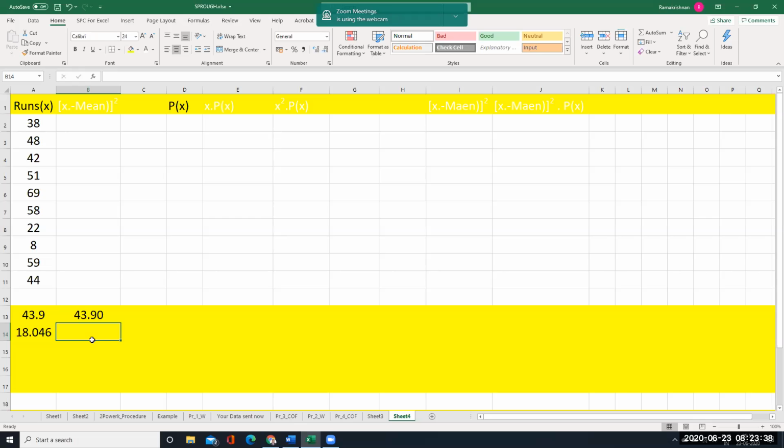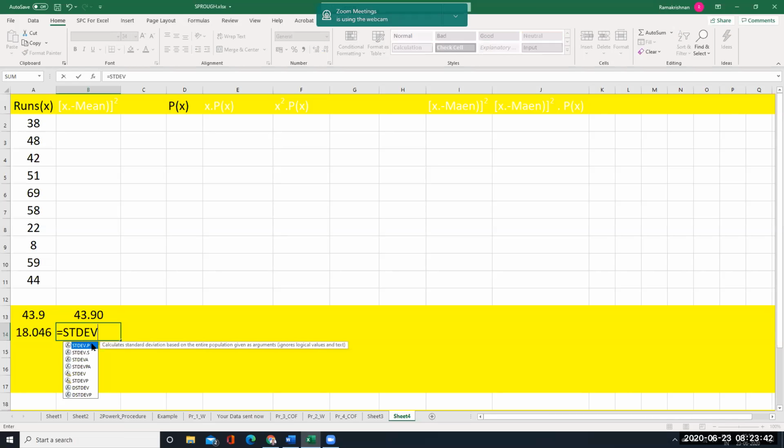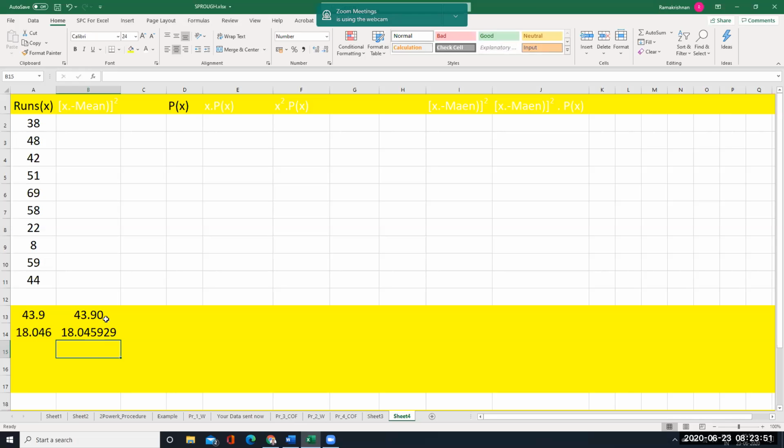For that, I will put the formula STDEV.S within bracket run. I'll get this value 18.05, okay, 18.06 if you round it off. Then we have to find this out by different means.